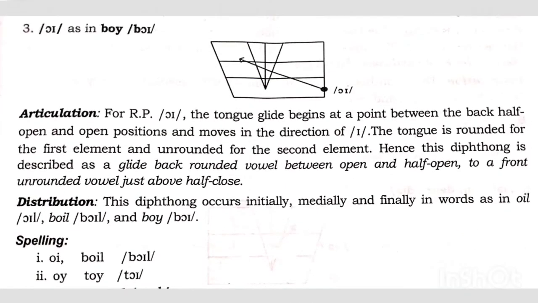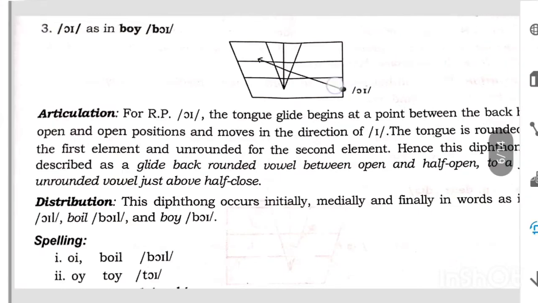We are moving on to the next vowel glide or diphthong, and that diphthong, the third diphthong, is OI, as in boy. Articulation. For RP OI, the tongue glide begins at a point between back, half open and open positions.